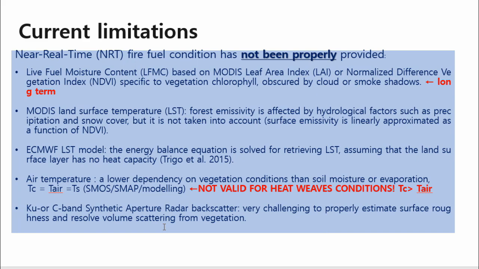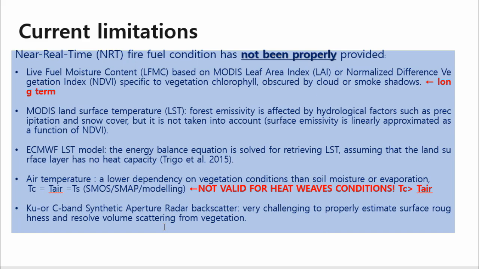If using a model to estimate land surface temperature to infer fuel conditions or fuel temperatures, they usually use energy balance equations to retrieve land surface temperature. However, they assume that there is no heat capacity on the surface. So the heat storage factor is not their interest. Or sometimes air temperature is used for the fuel temperature. However, there's very low dependency on the vegetation conditions when you use air temperature.